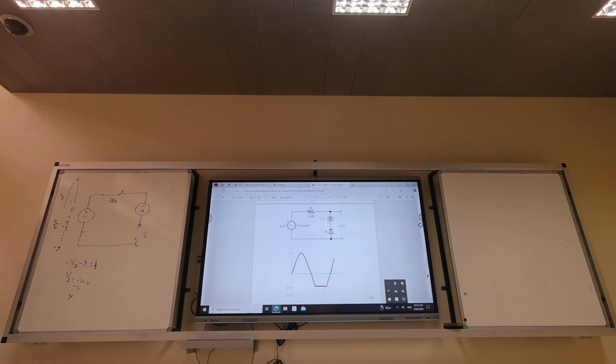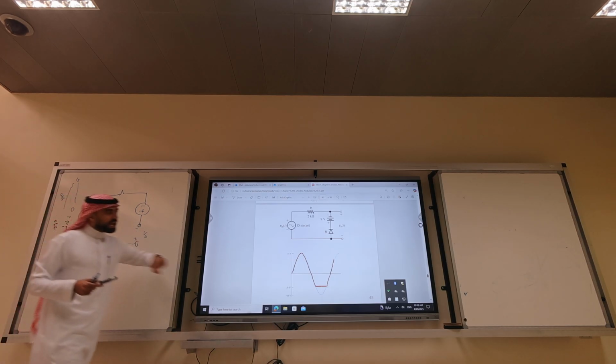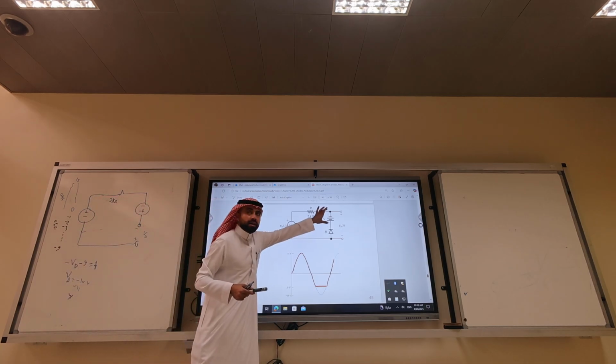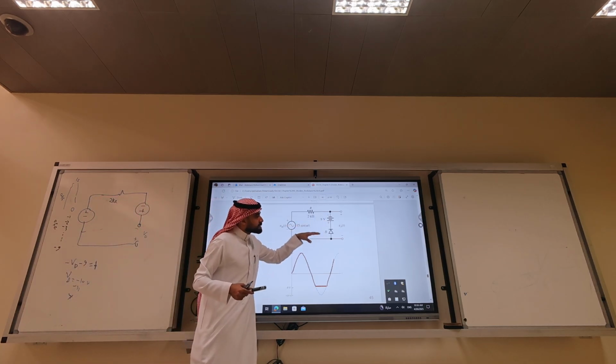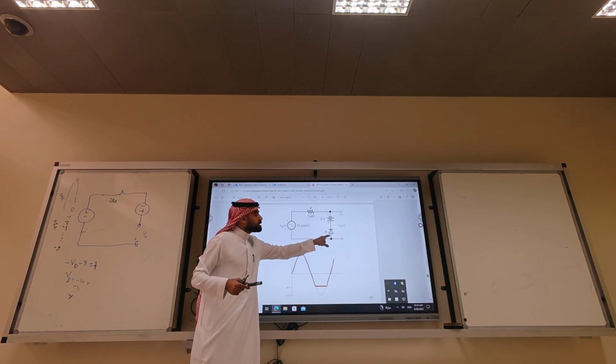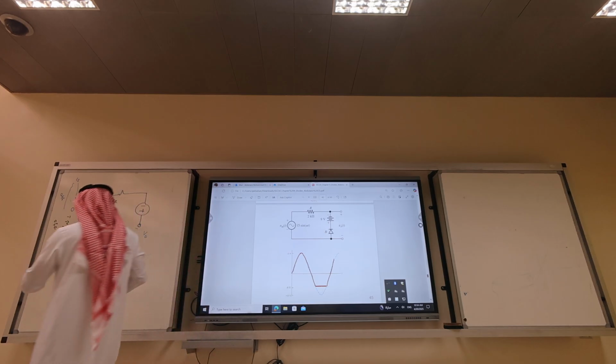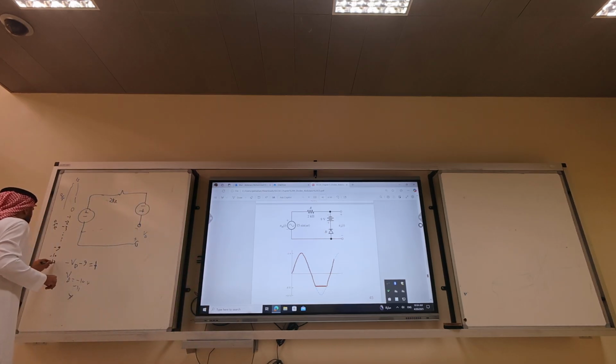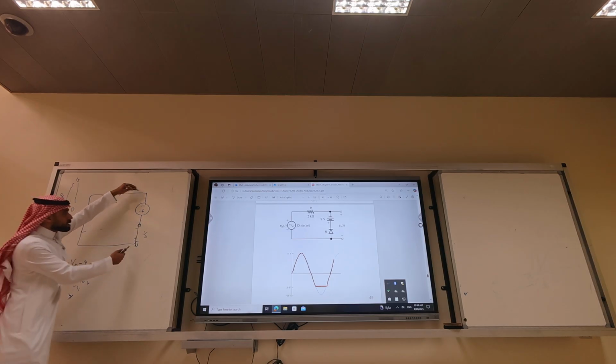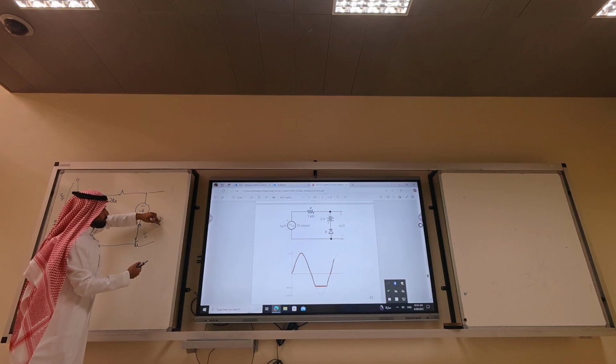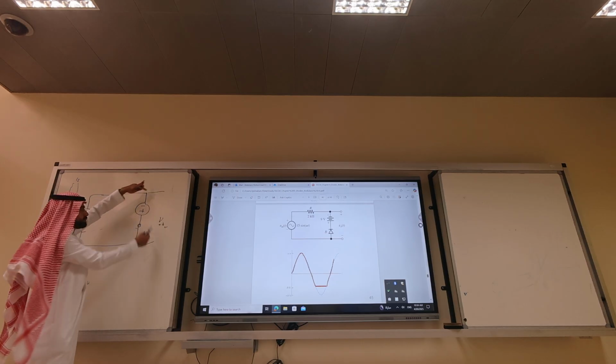The diode will turn on if it's negative, higher than 9, if it's minus 10, minus 11, then this will be above the 9 volts. So from minus 9 up until minus 15, the diode will be on. If it's on, the output is short circuit. If the output is short circuit, what is the output? Minus 9. Battery, parallel.